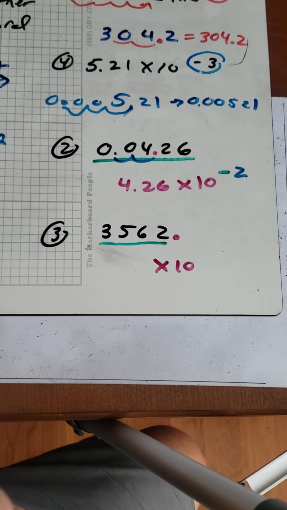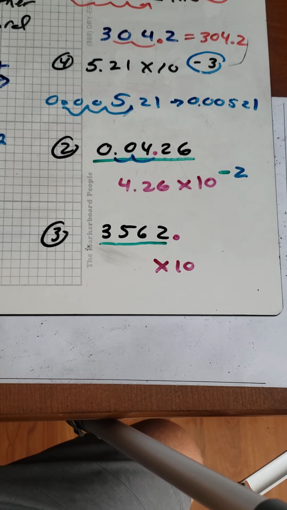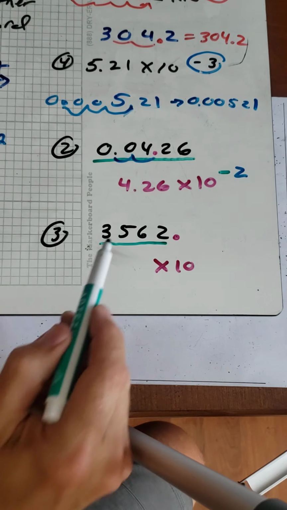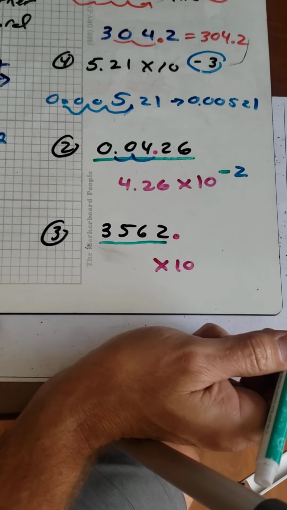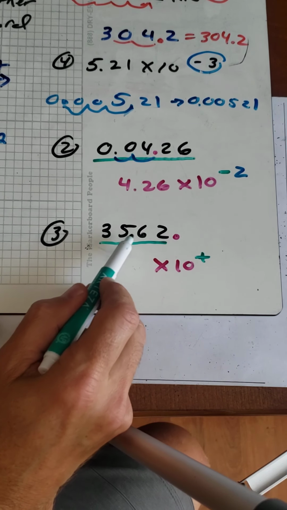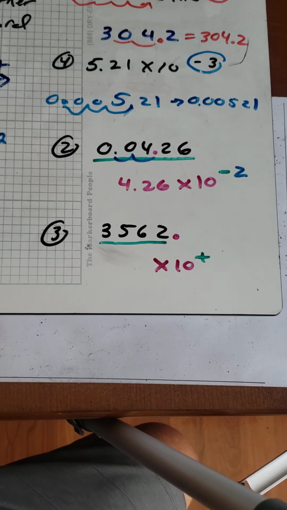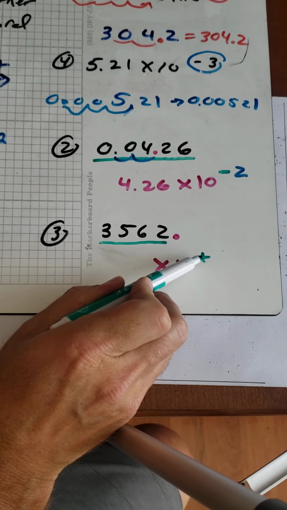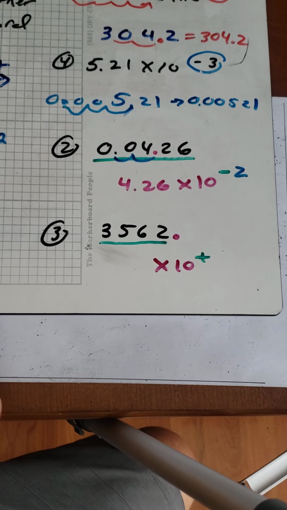Is this number bigger or smaller than 1? If it's smaller than 1, then my exponent's negative. If this number is bigger than 1, then my exponent is positive. And since 3,562 is bigger than 1, for emphasis, I put the positive there. Of course, you don't have to put it, but I always put it there for emphasis when I'm teaching this.